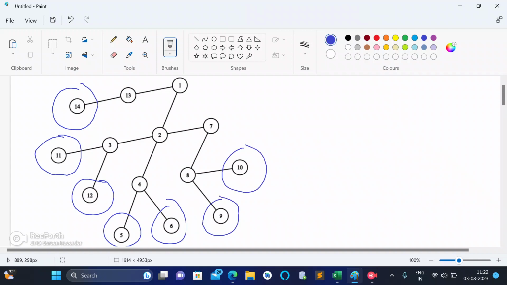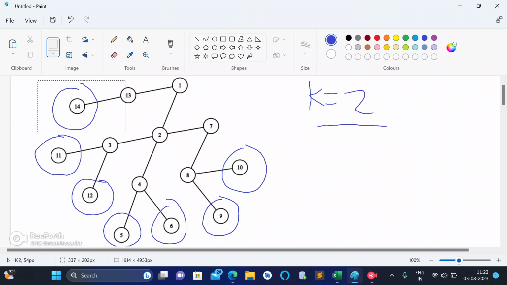These all are leaves. In the first step I decide to remove all the leaves, since we are given k operations. Let's say in this question k is equal to 2. Then at k equal to 1, I remove all the blue marked nodes.